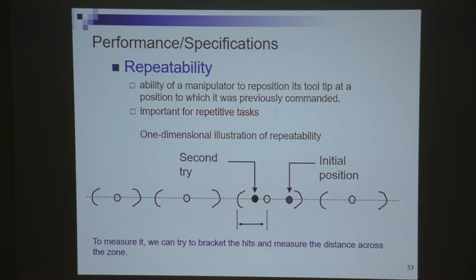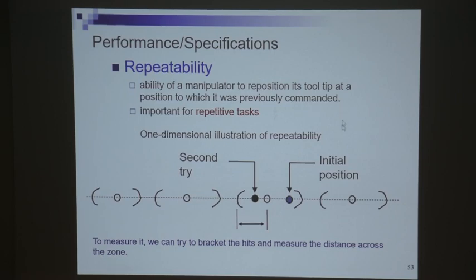Then you have something called repeatability. Repeatability is sometimes known as precision. You may come across people that refer to precision as a measure of the repeatability. Repeatability is defined as the ability of a manipulator to reposition its tooltip at the position to which it was previously commanded. That means if I point at this single point, pull back my arm, and then point at this again a third time, how many times can I point at the exact position?